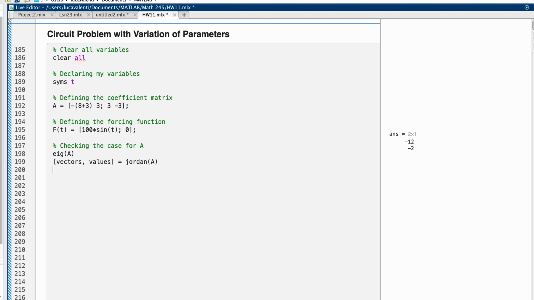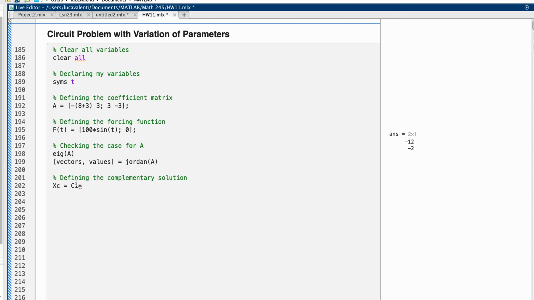From that, I'm going to define the complementary solution, because what Jordan does is it solves the eigenvalue problem. The complementary solution is going to be a linear combination of the two solutions that it finds for a 2x2.